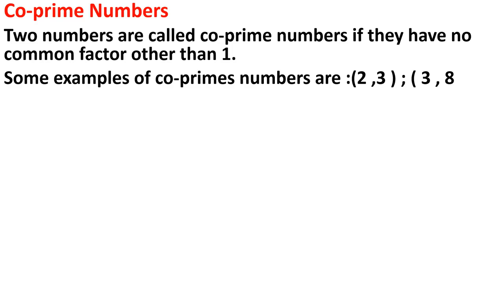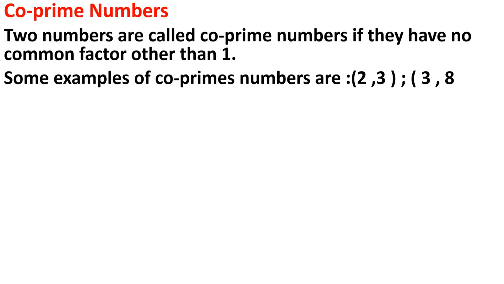These are two prime numbers whose common factor is only 1. But it is not like this that every time they must be prime. Maybe they are not prime. See the second example, 3 and 8. 3 is a prime number, but 8 is a composite number, but still they are co-prime numbers because the common factor between them is 1 only.